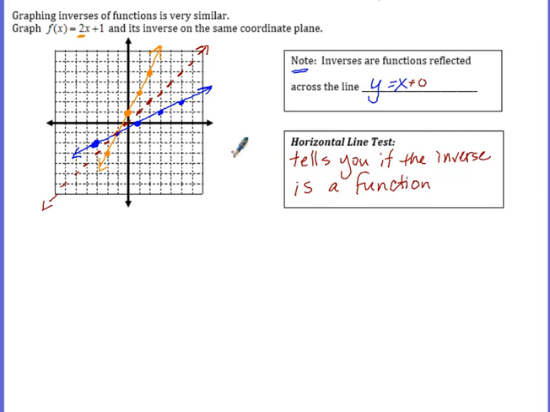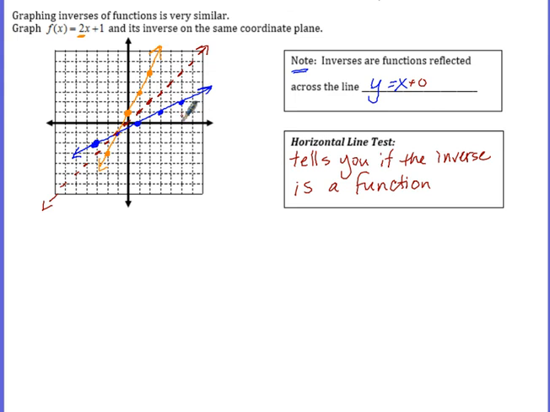So of course, if the inverse is in blue, then we would try to do a horizontal line. Is there any horizontal line that crosses this? If it crosses it more than once, then it's not a function. We're good here. No horizontal line crosses this, so it's a function.